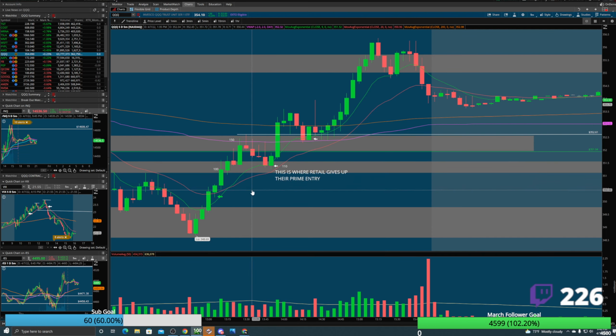And this pullback here, right? Think about the mindset, okay? If everyone is missing the rally, what are the best entries for the trade if you miss the rally? The first two. So if you're selling your contracts on the first pullback, not allowing yourself to sit through a little bit of a pullback, and manage the trade and put trust into the trade, right?